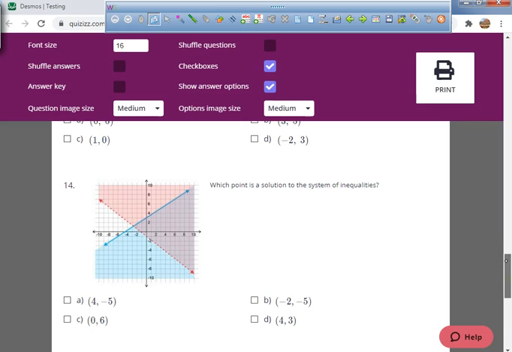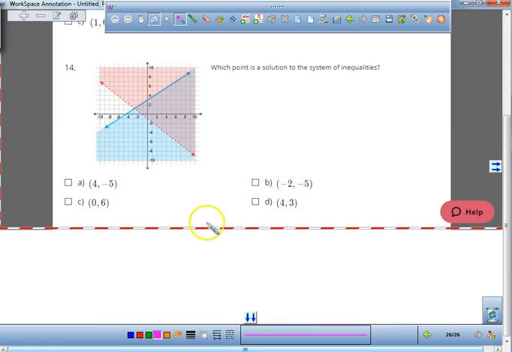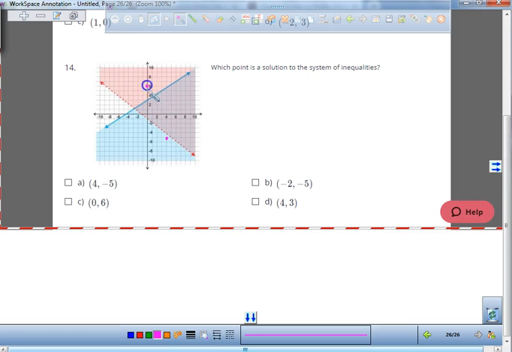All right, we have a couple more to go. Right here, which one is considered to be a solution? Let's take a look. What are our options? 4 and -5. 0, 6. -2, -5. 4, 3.